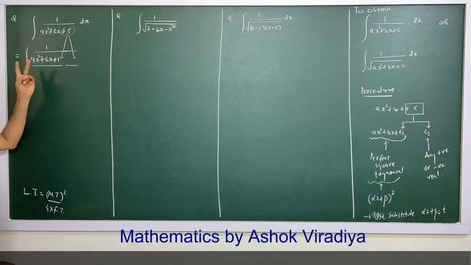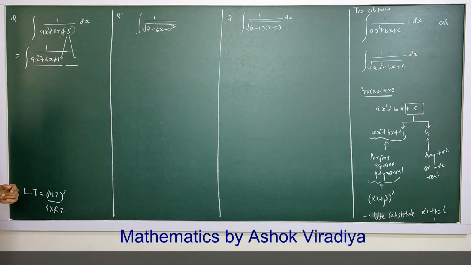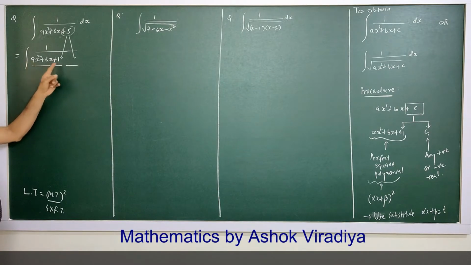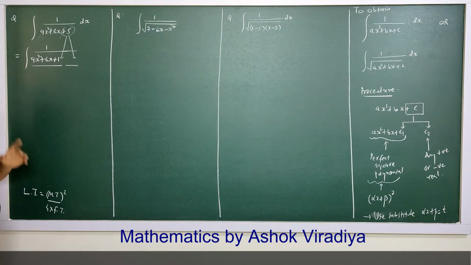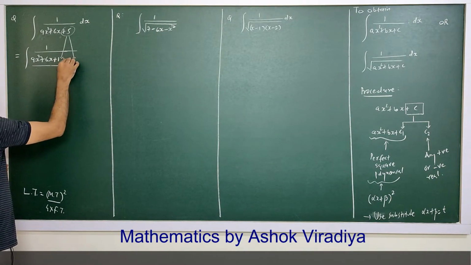Sometimes if the polynomial is easy, you can also calculate orally. So to make this a perfect square polynomial, we have to put here plus 1. But we are given 5. We cannot change the value. So to maintain the value, keep here plus 4.